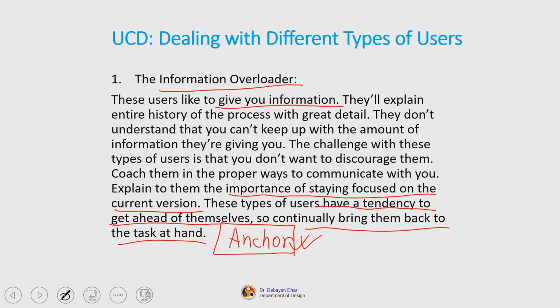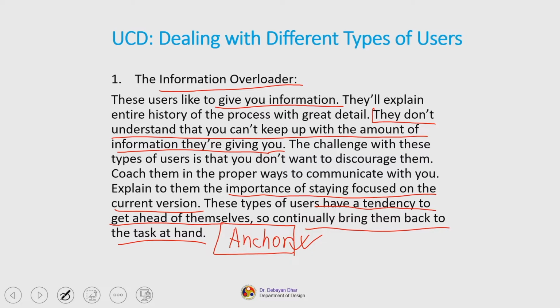Now, the issue with working with them is that they do not understand that you can't keep up with the amount of information they are giving you. This is happening because they do not realize which information would be useful to you and which would not. They cannot distinguish between the usefulness of information, and therefore, they generally try giving out as much information as possible.